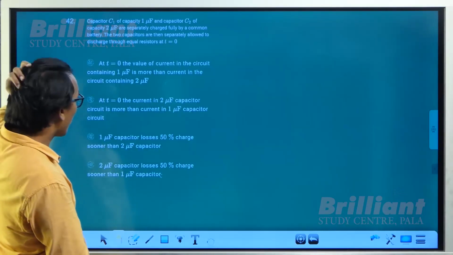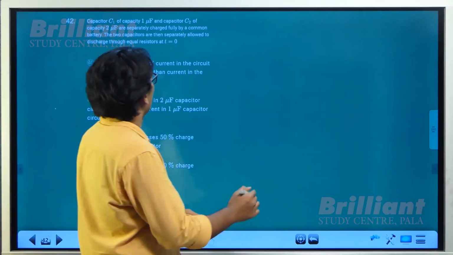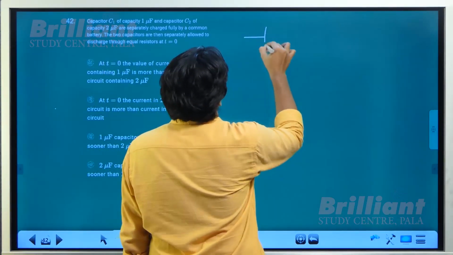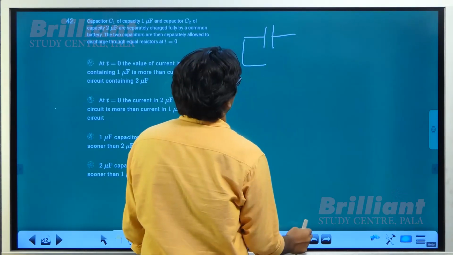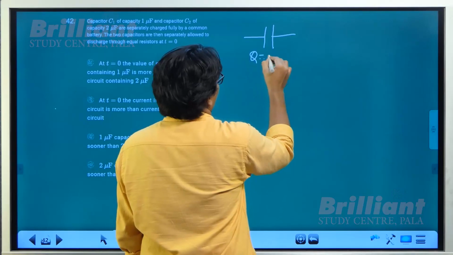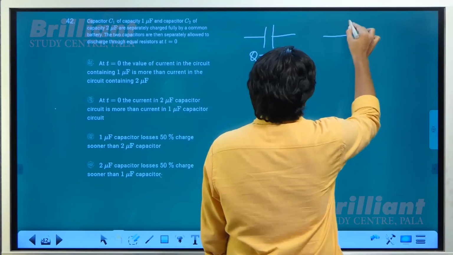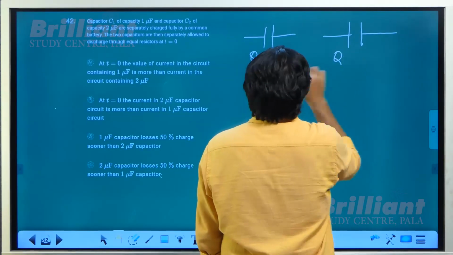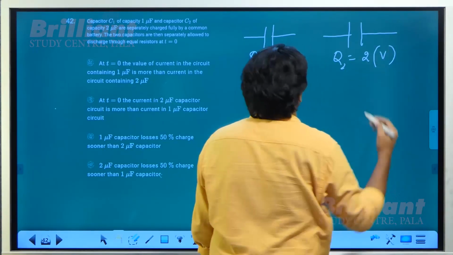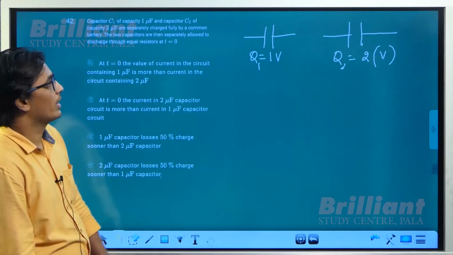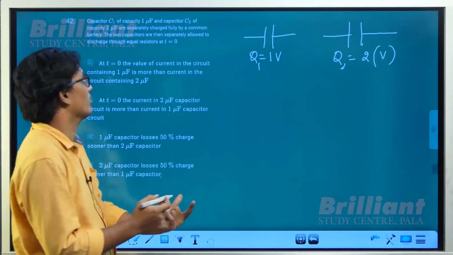The capacitor of capacity C and capacitor of capacity 2C are separately charged fully by a common battery. This will have a charge Q equal to CV, and the other one will have a charge of 2CV. Now the capacitors are separately allowed to discharge through equal resistors.